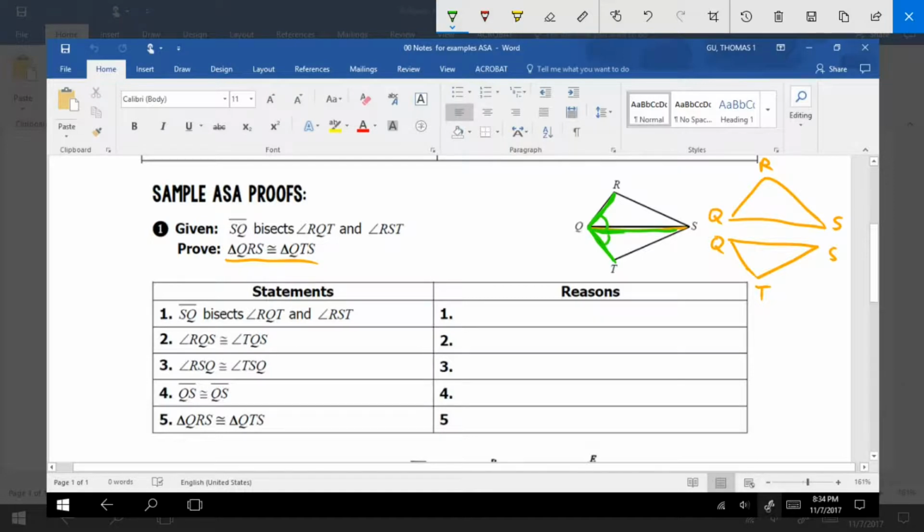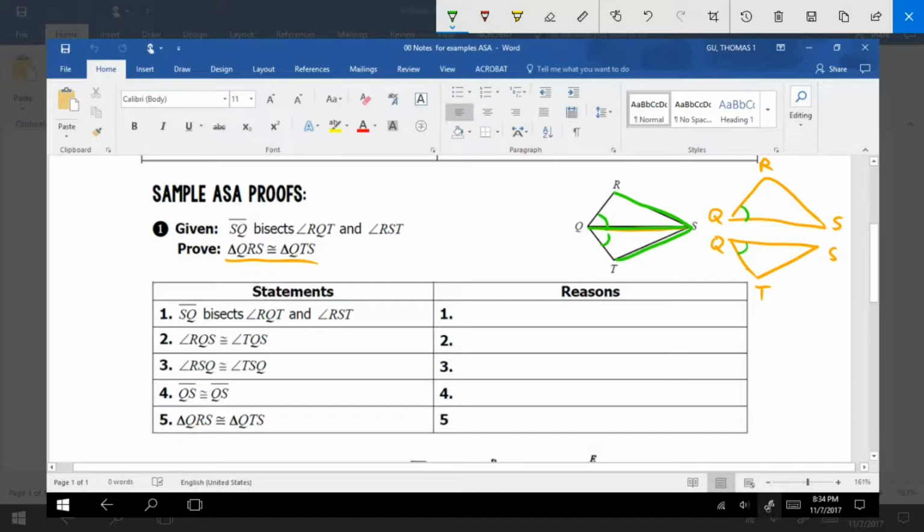So if I draw that on the two triangles I've drawn on the side, RQS is congruent to TQS. That's the whole reason they would tell me that SQ bisects RQT. But they also say that SQ bisects, what else does it bisect? SQ bisects RST.